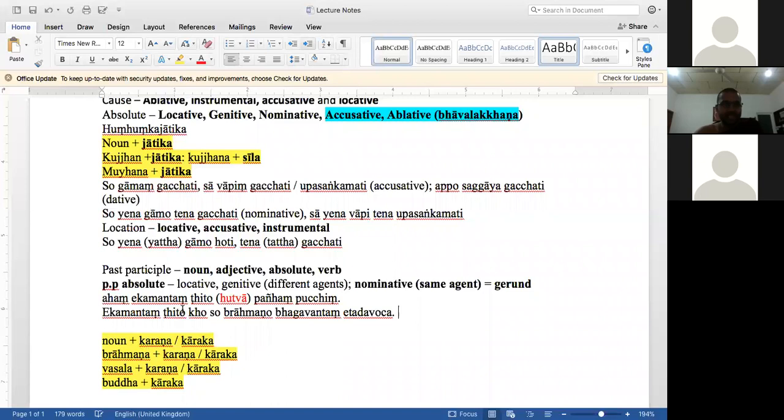In this case, they would say ekamantam thito so brahmano. According to them, thito is an adjective of so brahmano.